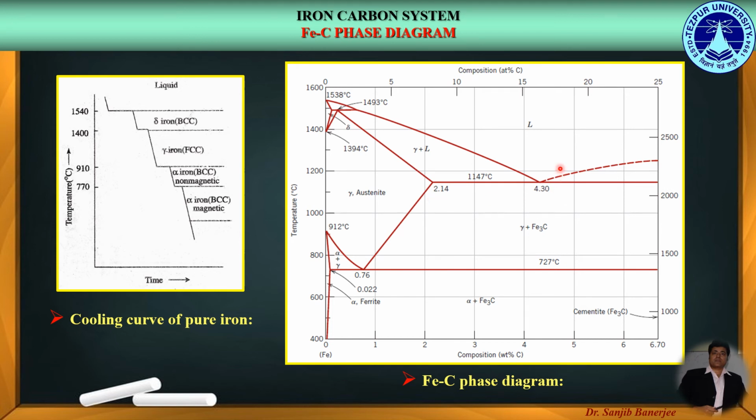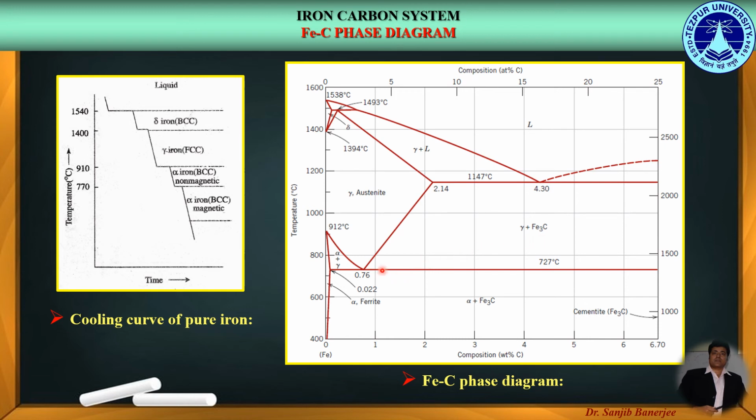Over here we get the eutectic point having the eutectic composition of 4.3 weight% and eutectic temperature of 1147 degree centigrade. Over here the liquid phase on cooling get transformed into two solid phases of austenite plus cementite.